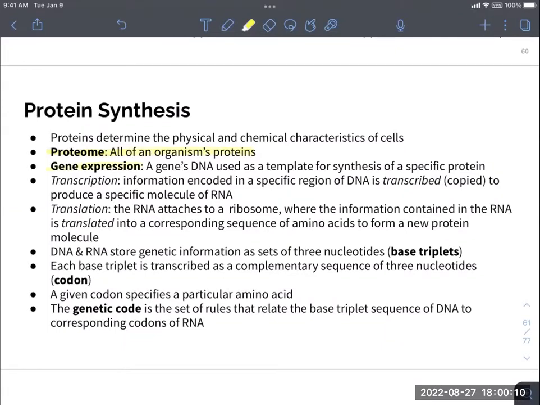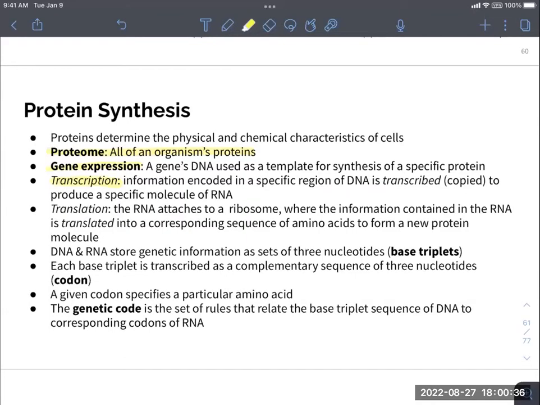It's when a specific gene's DNA is used as a template to make specific proteins. This happens through transcription, where that information is encoded in a specific region of the DNA, so it is transcribed or copied to produce RNA.